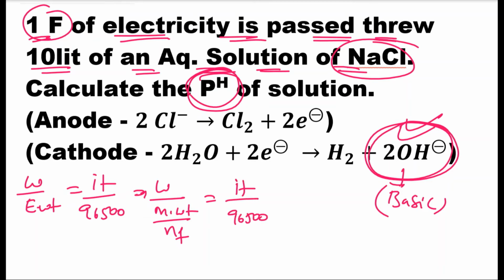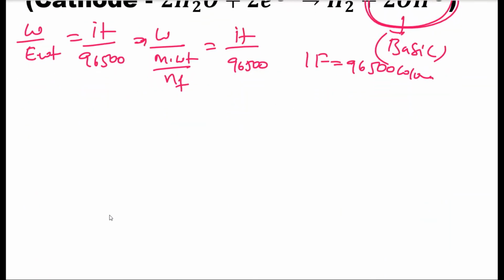So 1 Faraday means how many coulombs? 96,500 coulombs. Then you can modify that formula. How to modify that formula? W by molecular weight by n factor is equal to Q by 96,500. Okay, so this is very easy. 1 Faraday means 96,500 coulombs.